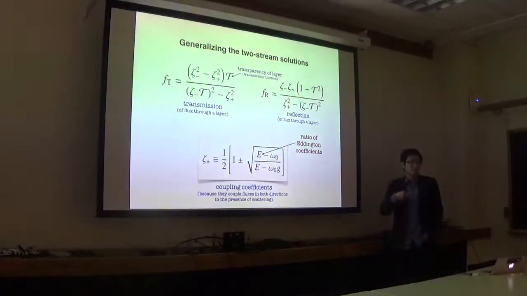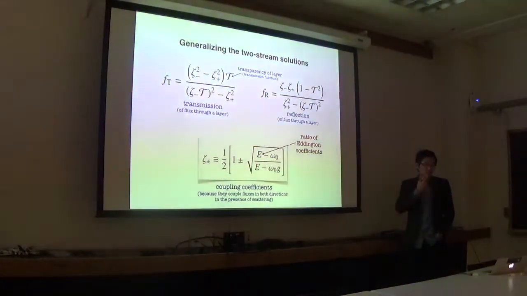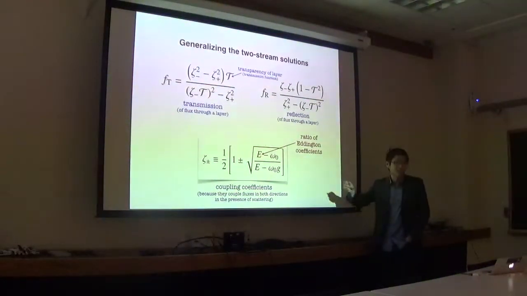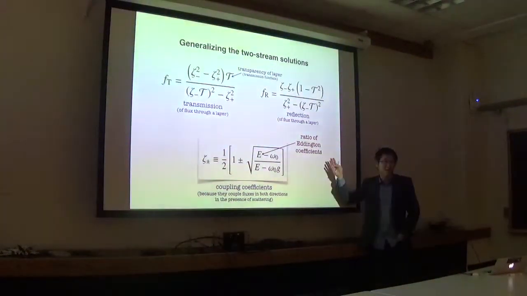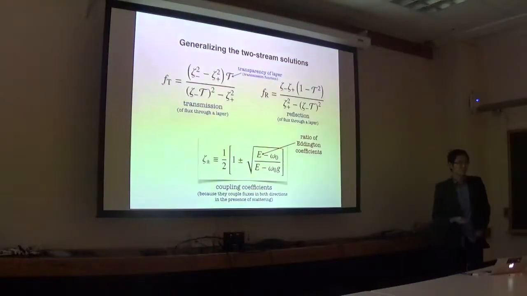But I was talking about these Eddington coefficients earlier. If you relax the second condition that I talked about, then this can be the ratio of the Eddington coefficients. Let's see what different values of this do to the accuracy of the solution. That's the point of the talk.